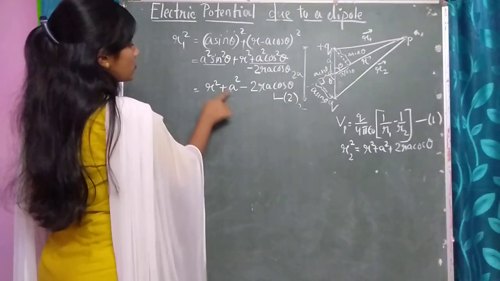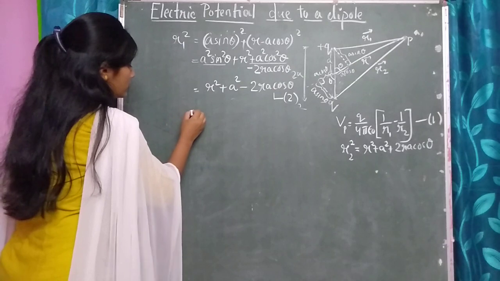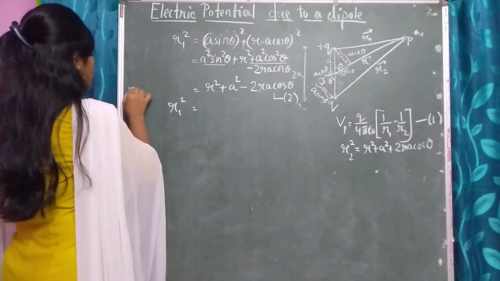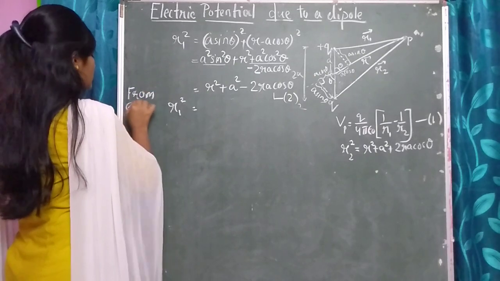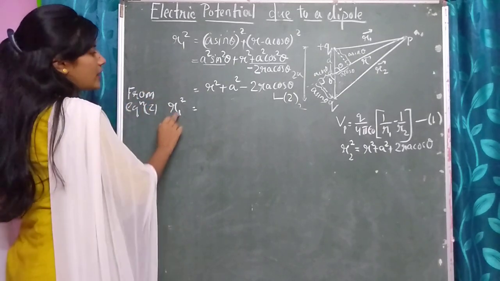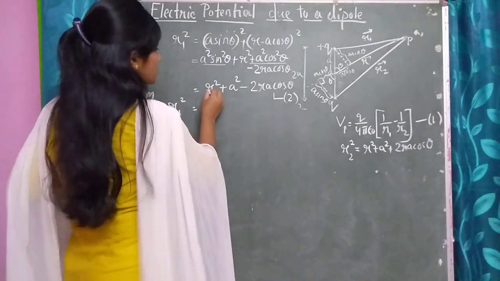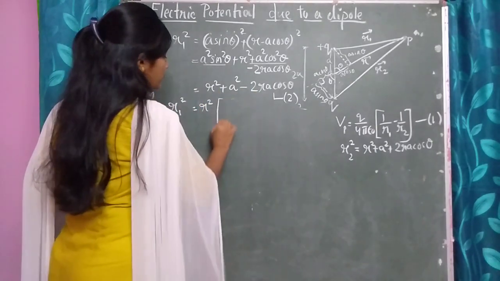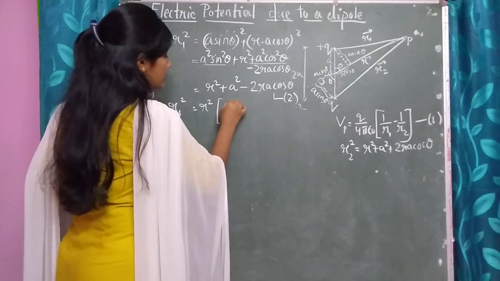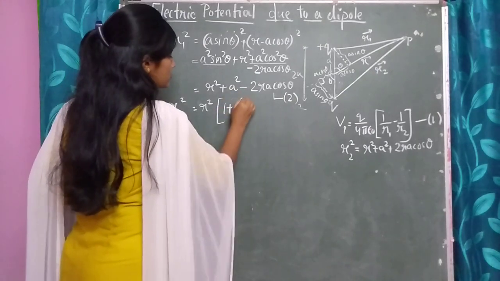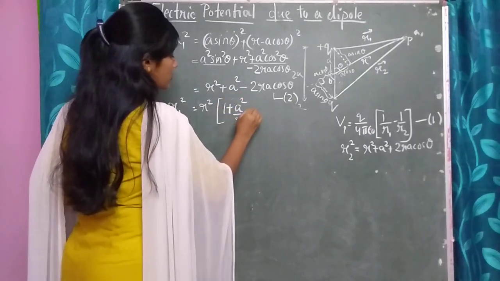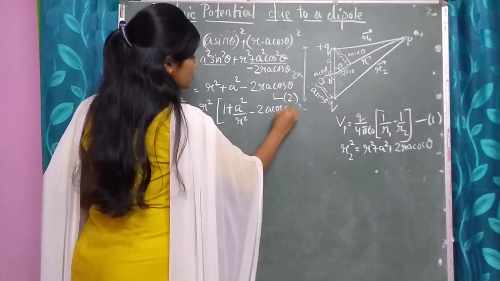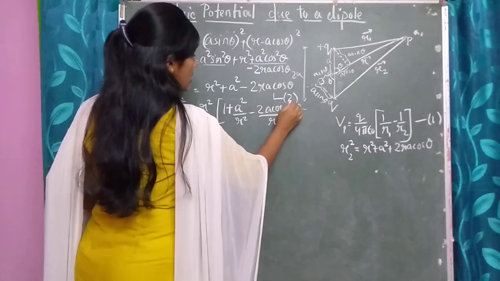So in the next step, R1 square from equation 2 I will write as, let us take R square common. Then what will be the value? 1 plus a square by R square minus 2a cos theta by R.